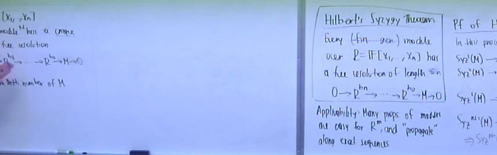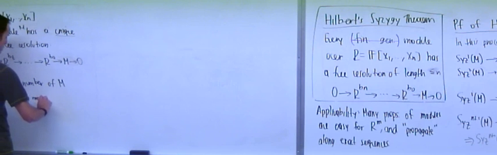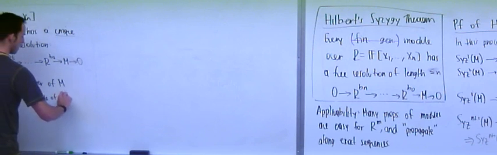There's a unique minimal syzygy module, and this is well defined, and it's called the ith syzygy module of M.